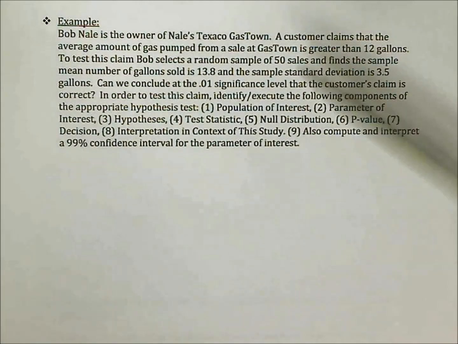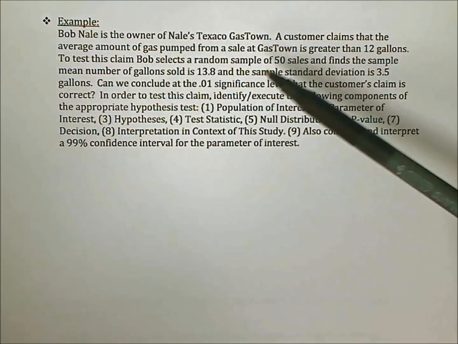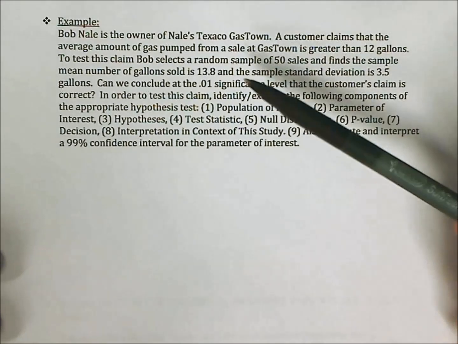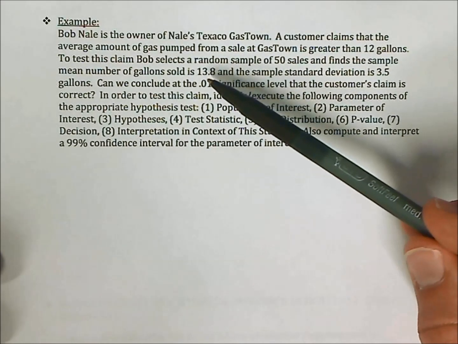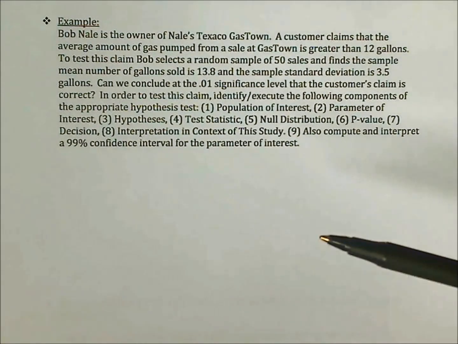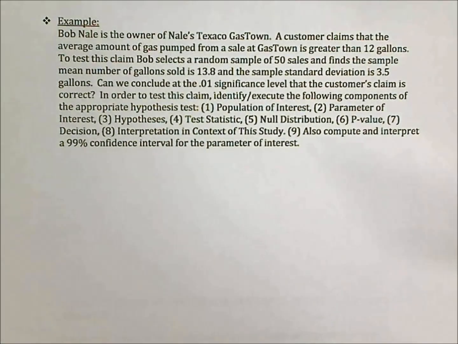Bob Nail is the owner of Nail's Texaco Gastown, and a customer claims that the average amount of gas pumped from a sale at Gastown is greater than 12 gallons. To test this claim, Bob selects a random sample of 50 sales and finds the sample mean number of gallons sold is 13.8, and the sample standard deviation is 3.5. Can we conclude at the 1% significance level that the customer's claim is correct?